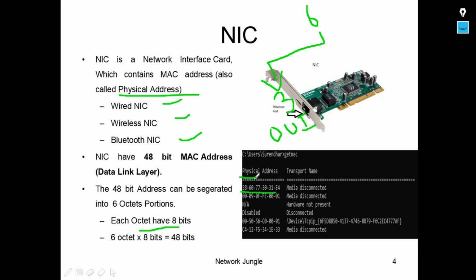The first three portions cover the OUI. OUI means Organizationally Unique Identifier, which shows which company manufactured the board. The last three portions of the octets represent the sequence number. It runs from 0 to F, in hexadecimal format.